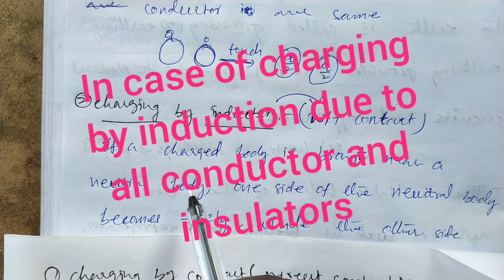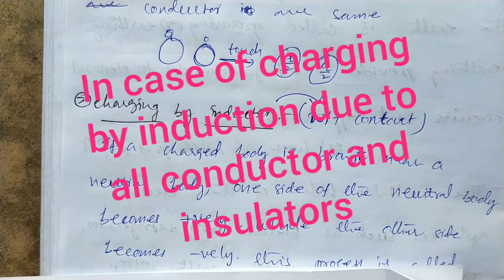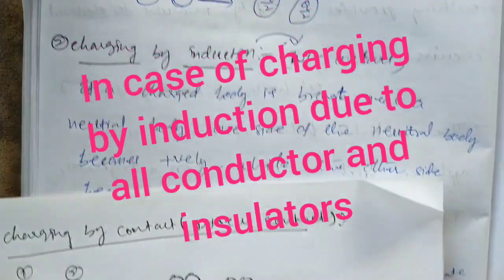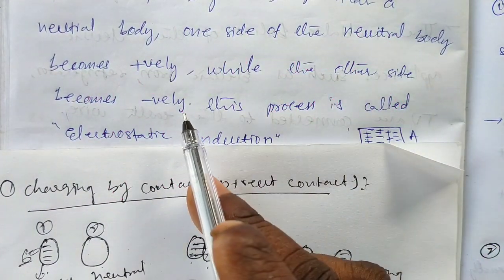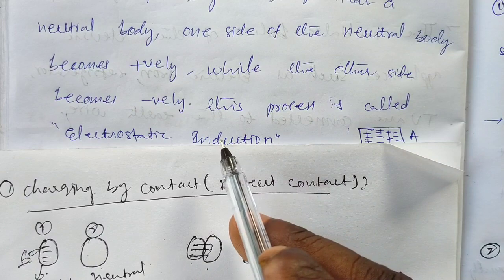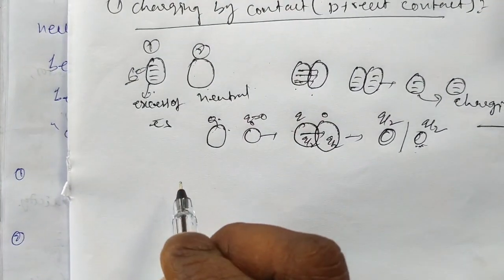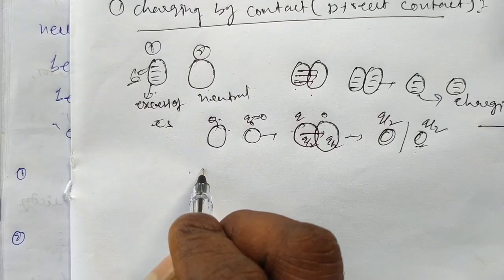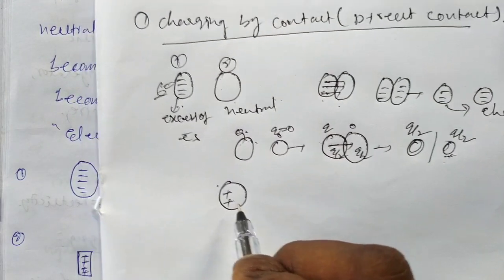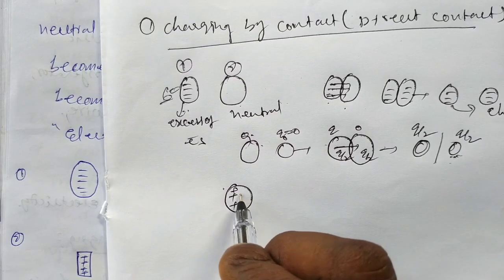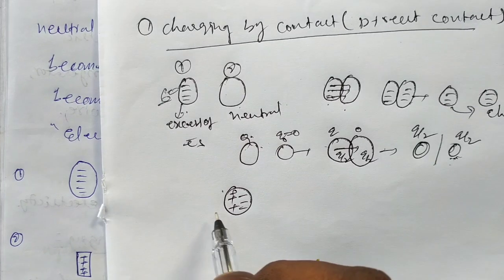If a charged body is brought near a neutral body, one side of the neutral body gets negatively charged and the other side gets positively charged. Suppose here a neutral body has the number of positive charge carriers equal to the number of negative charge carriers.